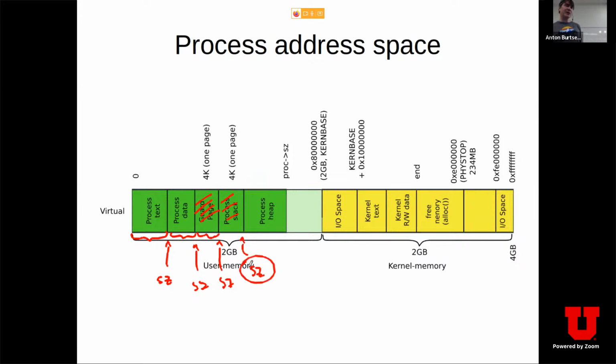This is the initial state when the process starts running. But as the process moves forward, it might use the sbrk system call to allocate additional memory on the process heap. This is why proc sz will eventually start pointing here. But all of this memory is user memory, and it is also mapped. xv6 has a guarantee that those pages are always mapped, present in the page table, so it's always safe, and it's the same page table.